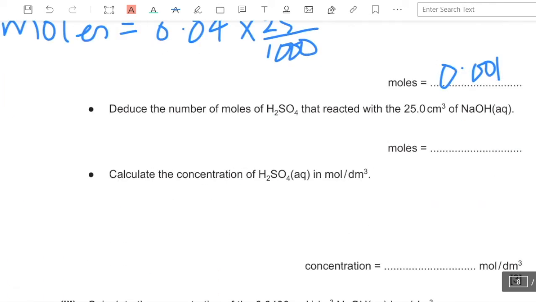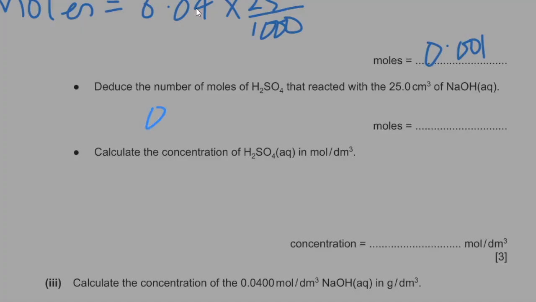So over here, the half of 0.001 is going to be 0.0005 of sulfuric acid.